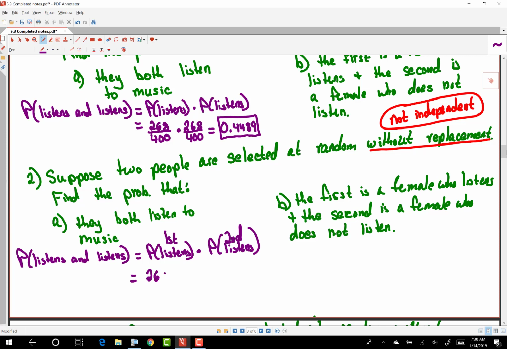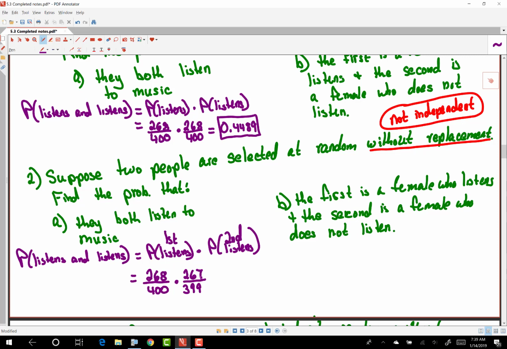There's 268 that listen out of 400. Now this time we're not putting that first person back in. So our bottom number is going to be 399 because we have one less person, and we assume the first event happened. So we assume that our first selection was somebody who listens. So now we only have 267 left that listen to music.